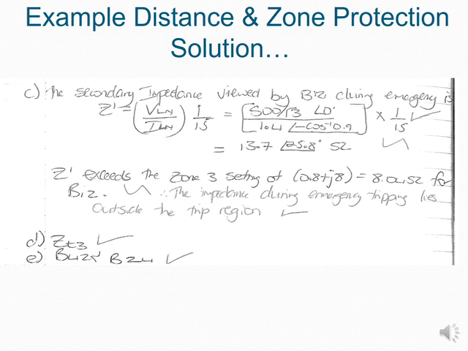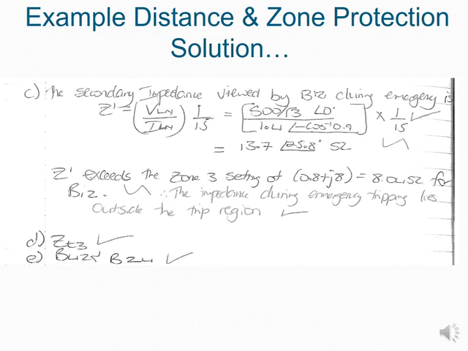Then I must not forget to also divide by the square root of 3 to move into a single phase scenario like we always do for your current scenarios. So then I end up with an impedance of 13.7, as you can see.